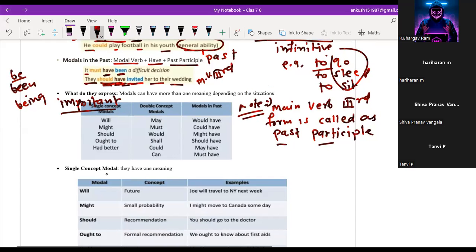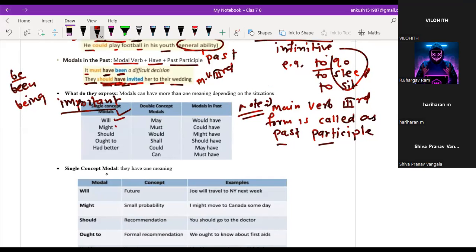So single concept modals can be written like will, might, should, ought to, and had better. See, should and ought to have the same meaning. Double concept modals: what are double concept? Single concept modals are used with one meaning only.